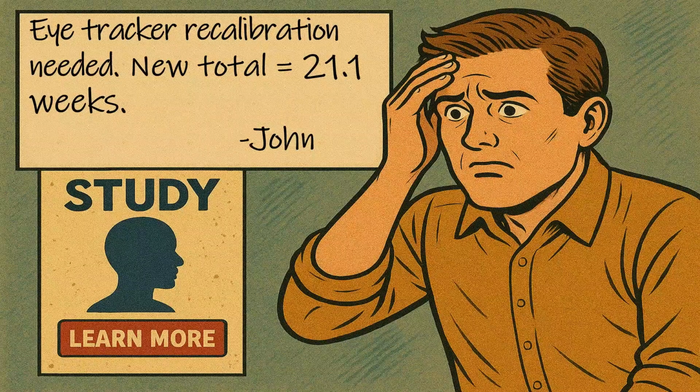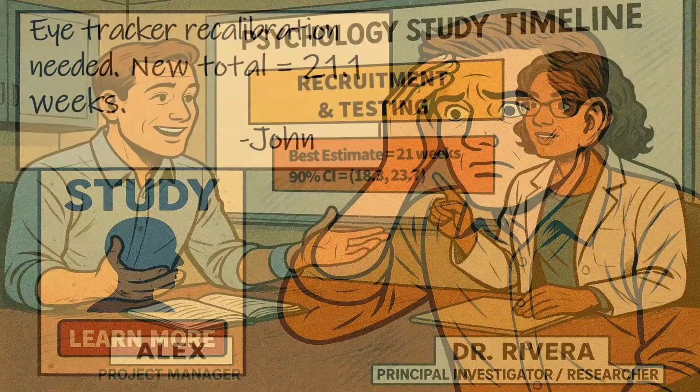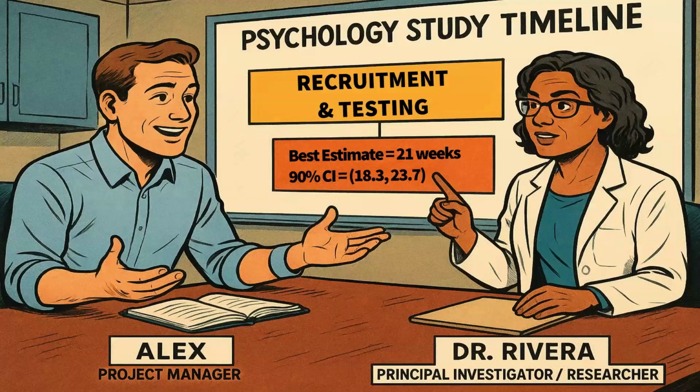Didn't know if it was going to happen, didn't know if it wasn't going to happen, but based on previous samples of how long these projects took, we'll notice that the best estimate now changes from 21 weeks to 21.1 weeks, still within that 90% confidence interval. So plans still do not need to change. Dr. Rivera still is on schedule. Nothing needs to be updated. They're still within that 18.3 to 23.7 week window.